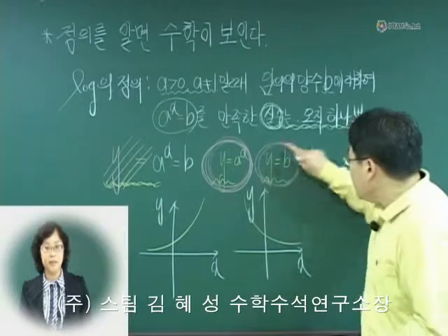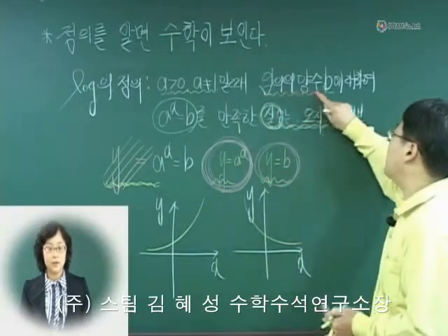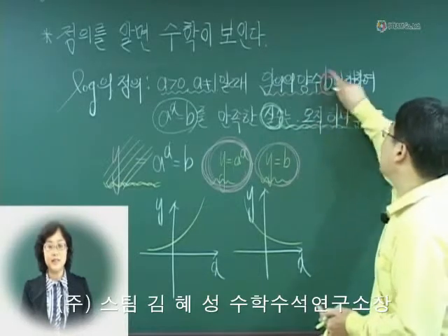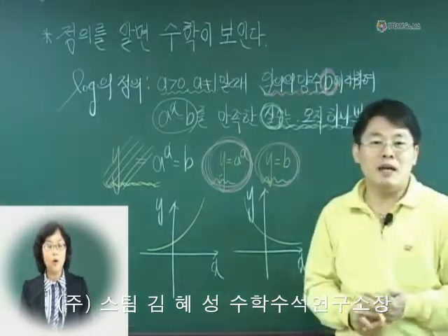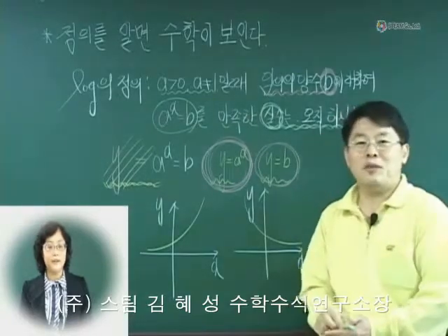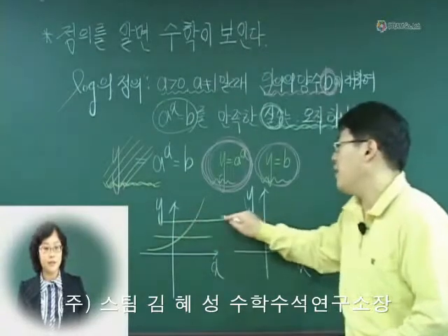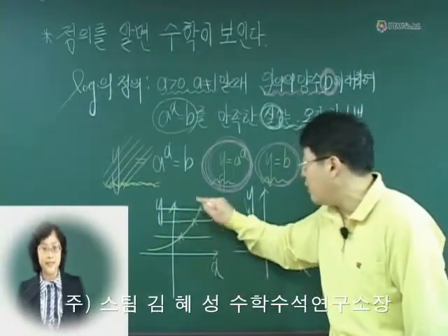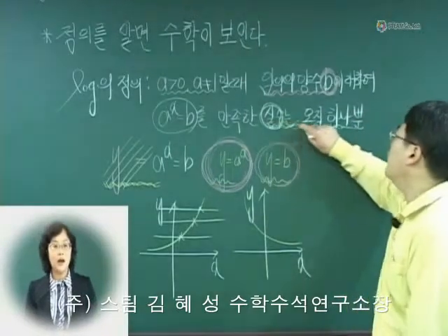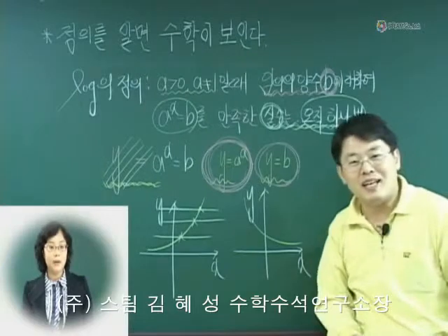Since y is b, what is b? Reference positive integer. For all the reference positive integers, let's draw lines. Let's see. Do we meet at one point? Yes, it is. Aha. There is only one real number. How about here?